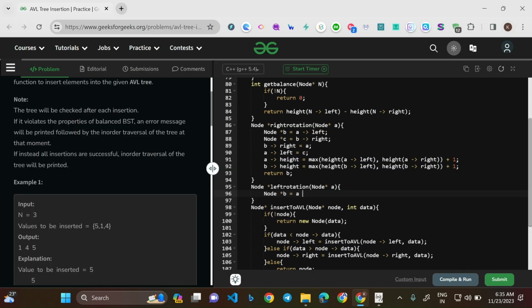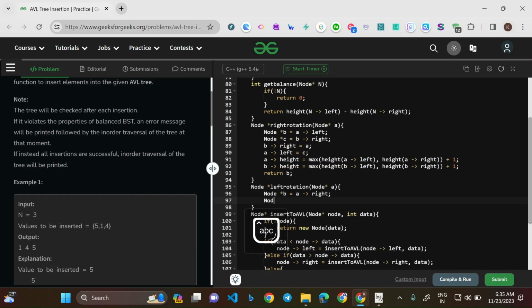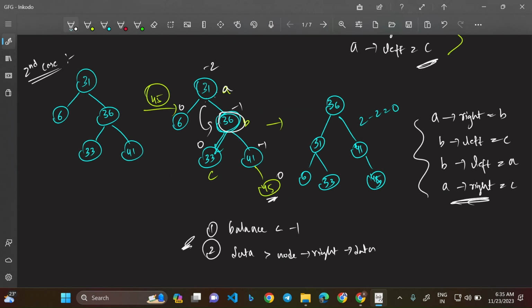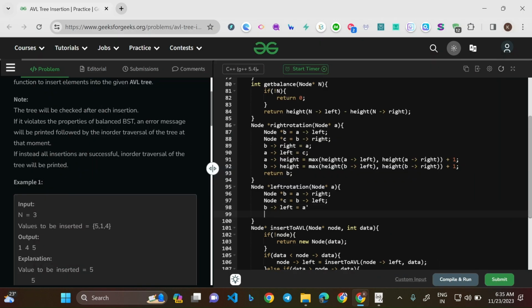Second, node star C equal to B's left. Third, B's left equal to A. And fourth, A's right equal to C.